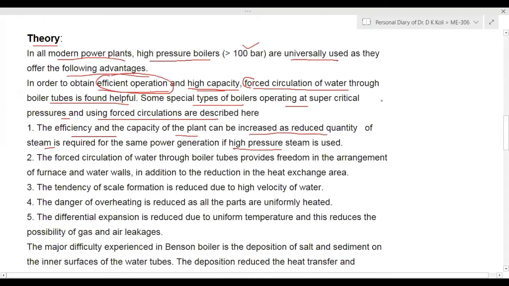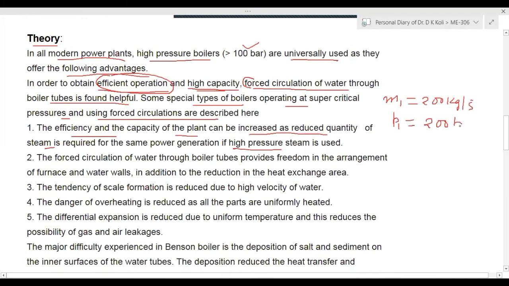Suppose a boiler is using M1 amount of steam. Suppose this steam M1 is 200 kg per second for one boiler, and this boiler is operating at pressure P1, for example 200 bar. Roughly I have taken this pressure.